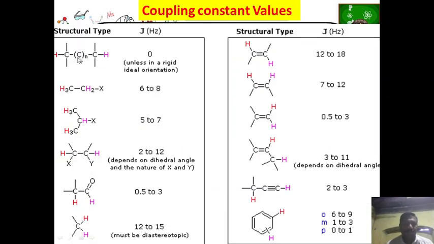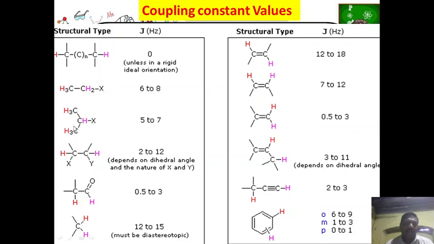In this chain, these two protons couple with each other, but this one is not actually coupled, so the coupling constant J is 0. Then in CH3 CH2, these are neighboring vicinal protons, and these signals show a coupling constant of 6 to 8.